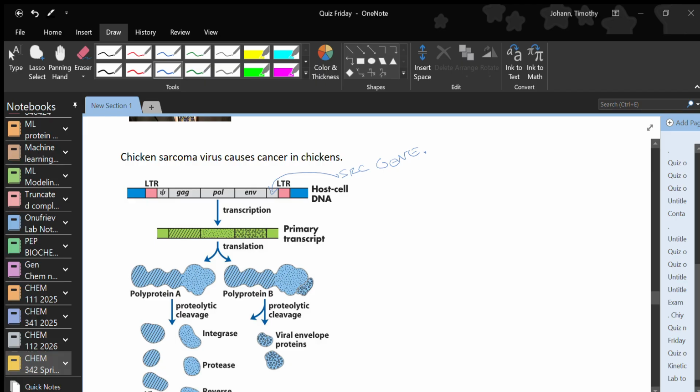What that SRC gene does is it overexpresses a tyrosine kinase, which causes things to blow through the cell cycle. So viruses can pick up parts of people's genes, your genes as well, but it overexpresses a tyrosine kinase.